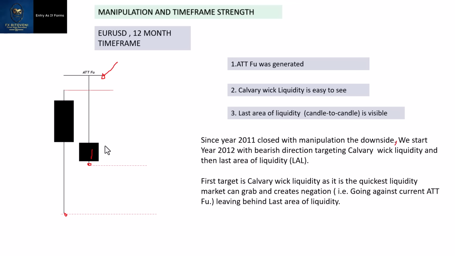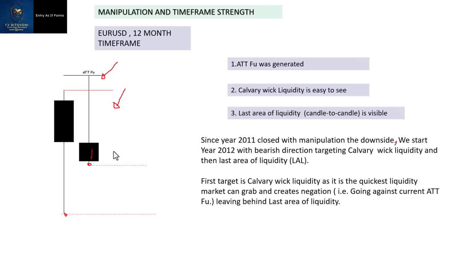So what does it mean? Because this candle closed as anti-FU, it has given us direction that we are going to downside. Remember, manipulation and the time frame strength for direction, right? So we have got a signal that next year, for example, assuming this is the current year, is going to be a bearish one.